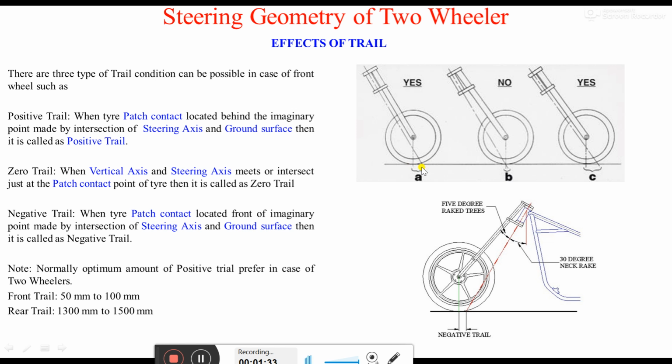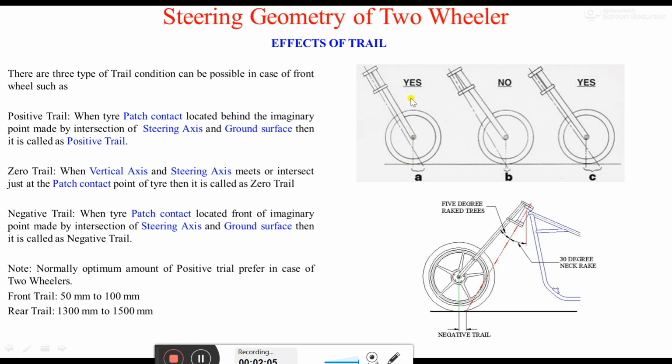Okay, so what is a positive ground trail? When the tire patch contact is located behind the imaginary point made by the intersection of the steering axis and the ground surface, then it is called a positive trail. In simple words, we can say if this ground trail is located in front of the vertical axis steering point.